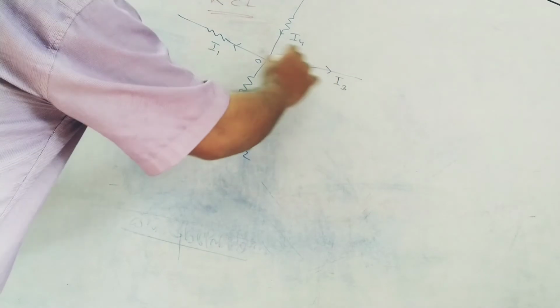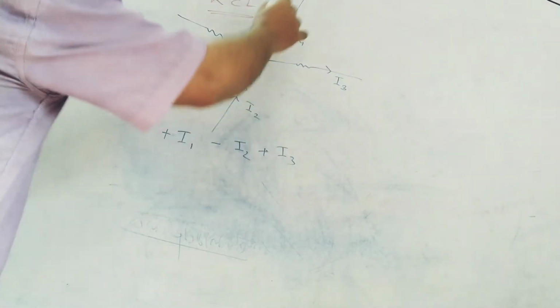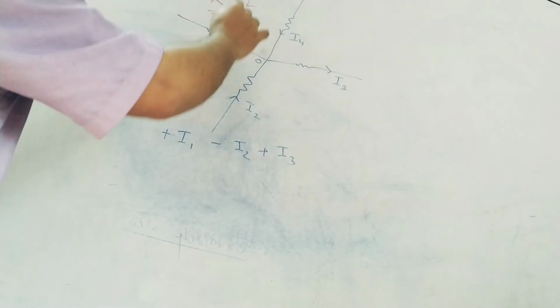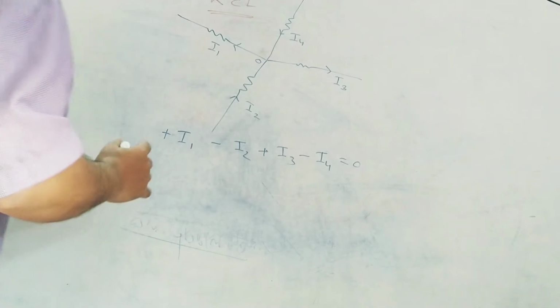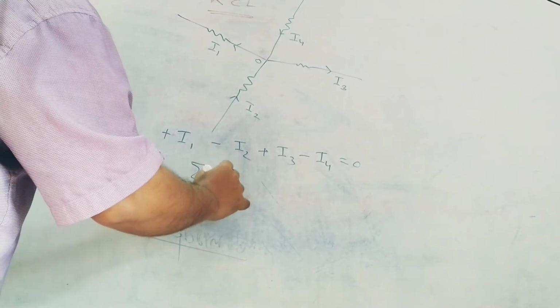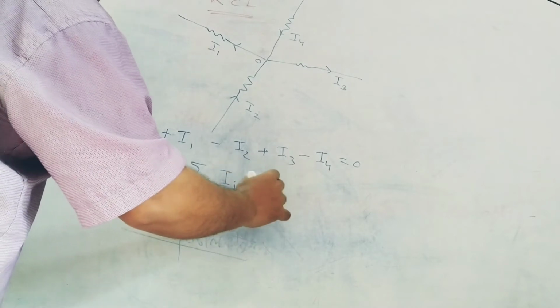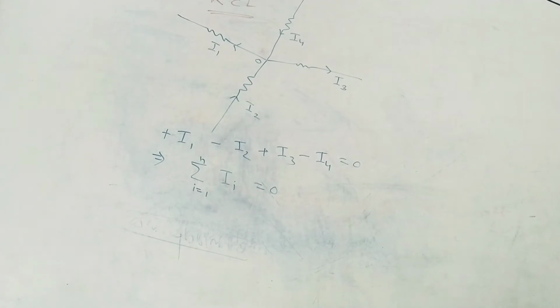I3 comes out from O, therefore I3 is positive, and I4 enters into O, that's why I4 is negative. This is equal to 0. In general, summation of I is equal to 0 at a point. This is known as KCL or Kirchhoff's first law or Kirchhoff's current law.